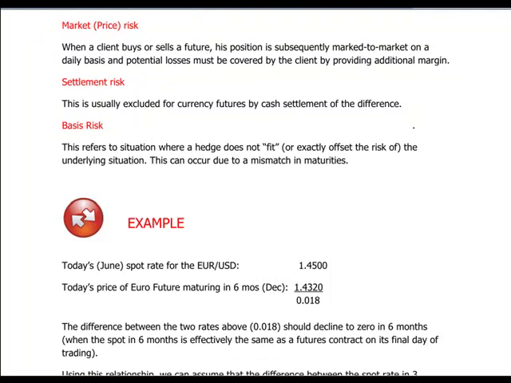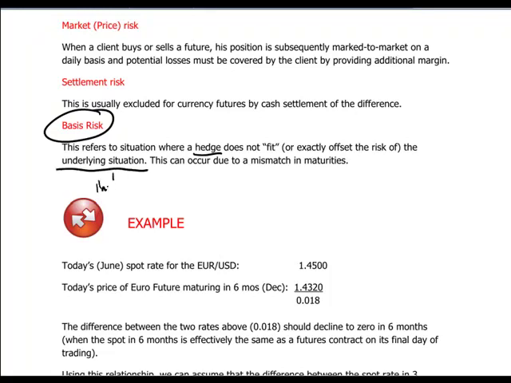Also, there is the discussion of basis risk. Now, basis risk was conceptually described or mentioned in paper F9. In paper P4, the basis risk, of course, the definition is the same. It's situations where a hedge transaction doesn't exactly fit or offset the risk of an underlying situation.